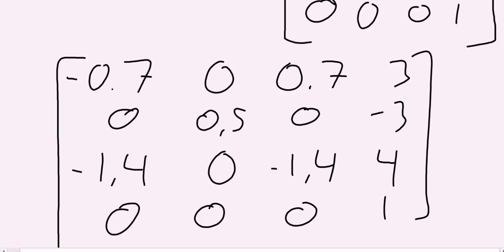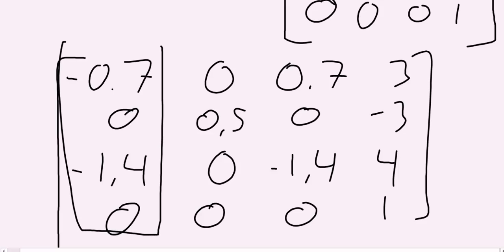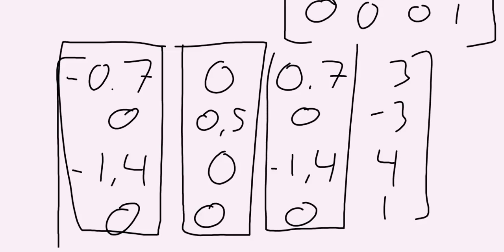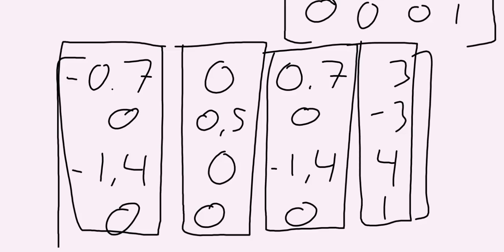So this is the matrix, and then we simply say this is the A vector, or the modified x-axis. This is the B vector, or the modified y-axis, and this is the C vector, or the modified z-axis, and this is the point of origin. So if we were to draw this vector, and this vector, all originating from this point, that would look like the coordinate frame that we're working with at this point.